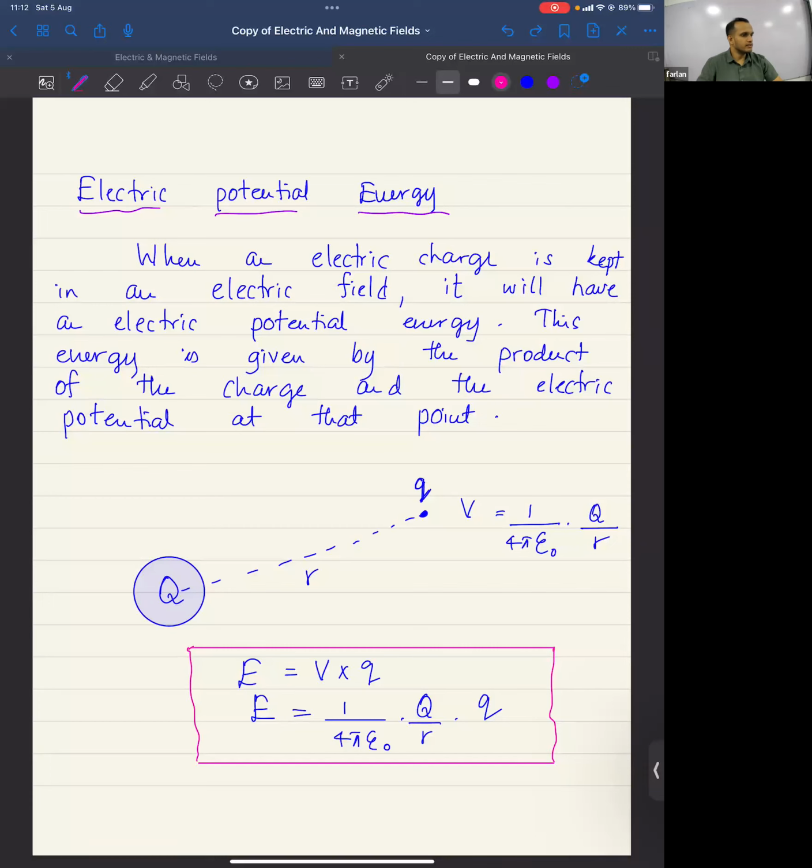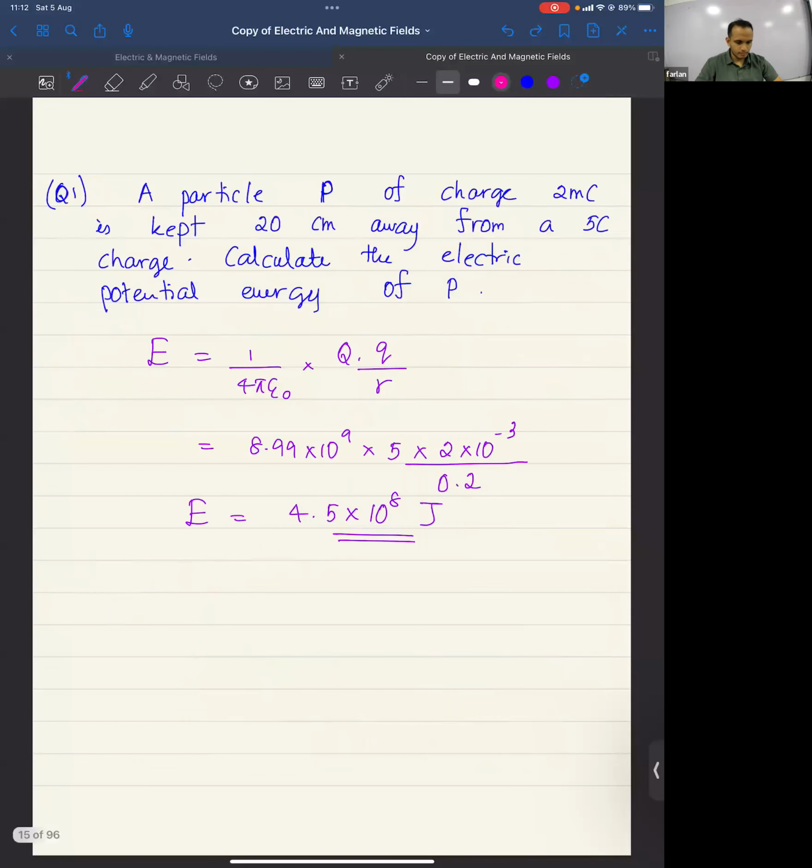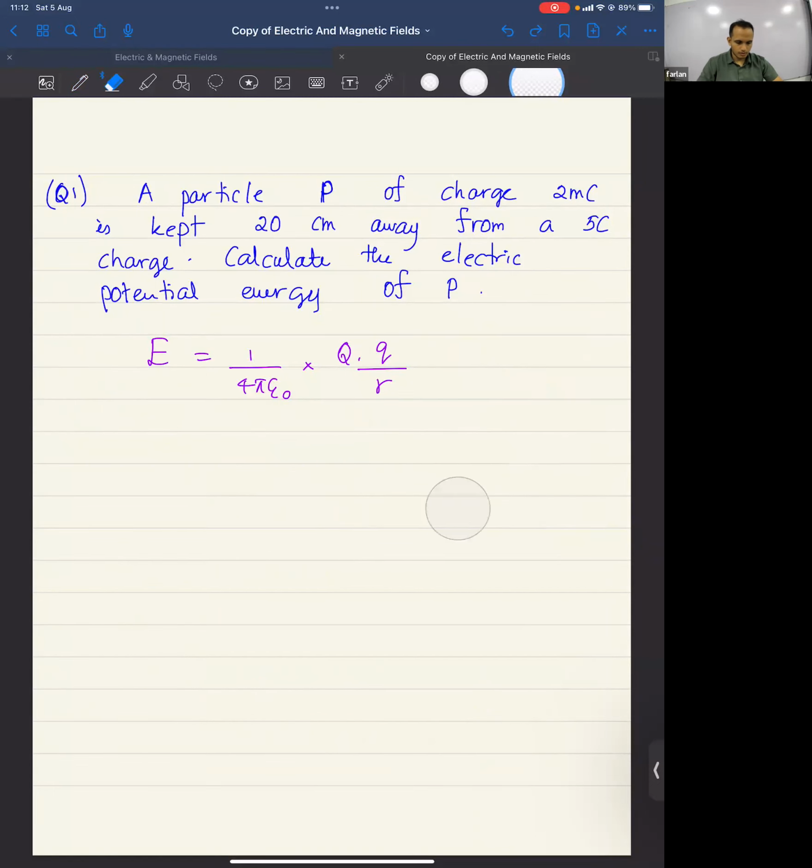Okay, let's write down one question. A particle P of charge 2 millicoulombs is kept 20 centimeters away from a 5 coulomb charge.